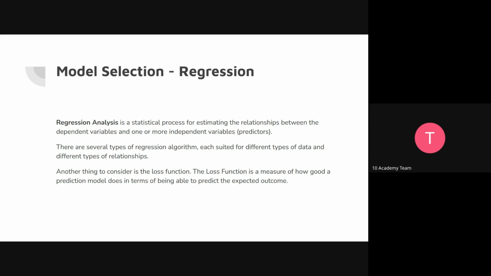And the machine learning algorithm usually tries to minimize this loss function. Of course, the goal is to make the prediction as close as possible to the actual value in the training.